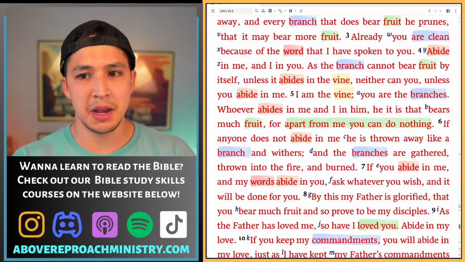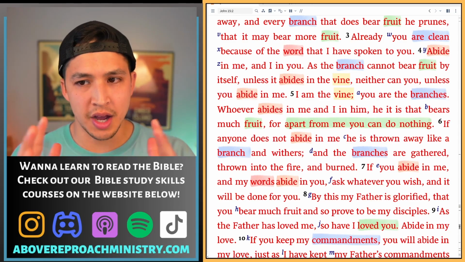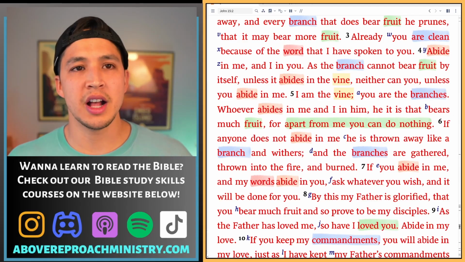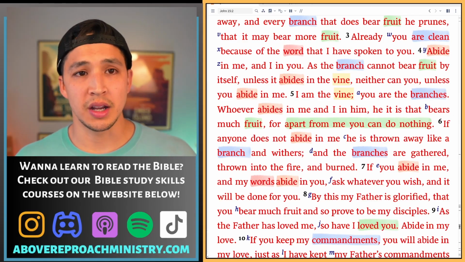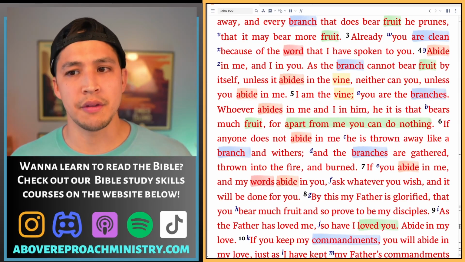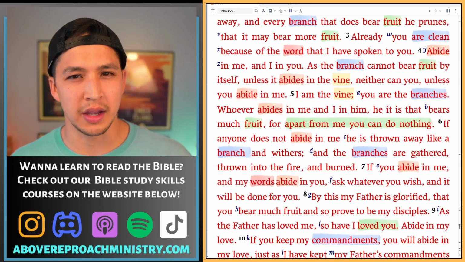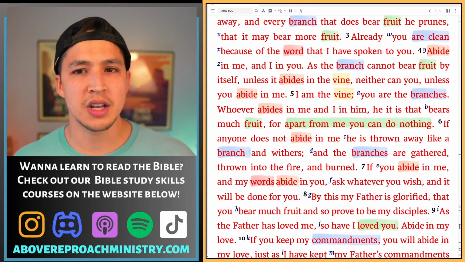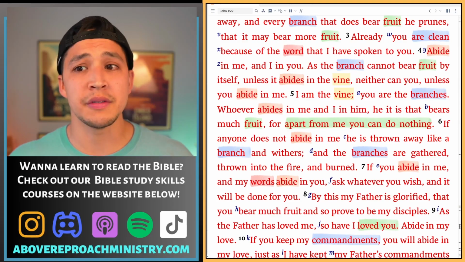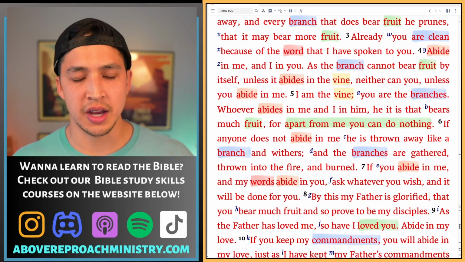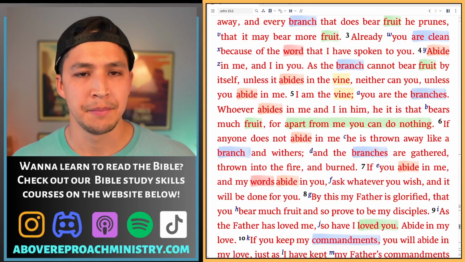And then we'll connect the main point as best as we can to the previous passage and logically fit them together. There is an element of human reasoning led by the Spirit of God involved in this. Bible study is not without critical thinking and without reasoning, but it's not purely human reasoning. It's the Spirit of God leading you to exercise your reasoning faculties properly and in the right direction.